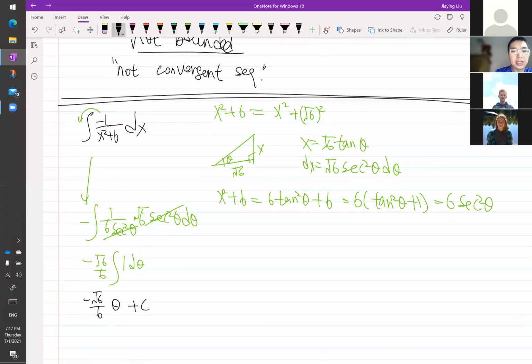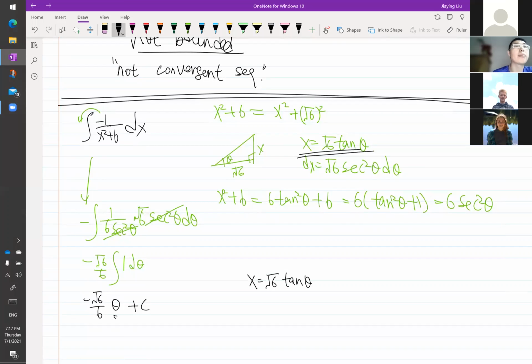How do we find theta in terms of x? We go back to the beginning, what we did with substitution. In the beginning, we said x equals square root of 6 times tangent theta. That's a relationship that relates x to theta. We can use that, so let's rewrite that equation.